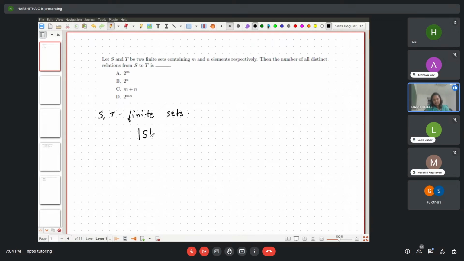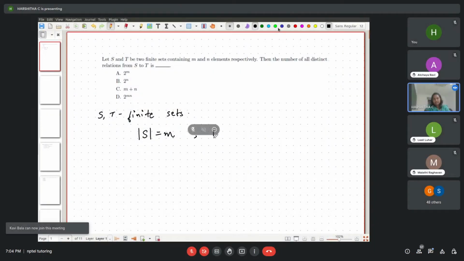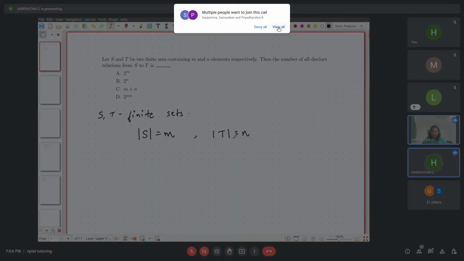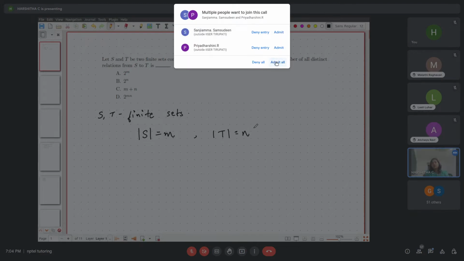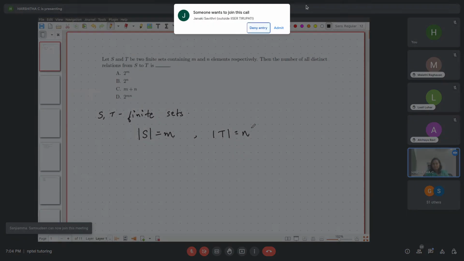We usually use this symbol to denote the number of elements of S. It's called the cardinality. So the cardinality of S is M, and the cardinality of T is N. You want to find the number of all possible relations from S to T.